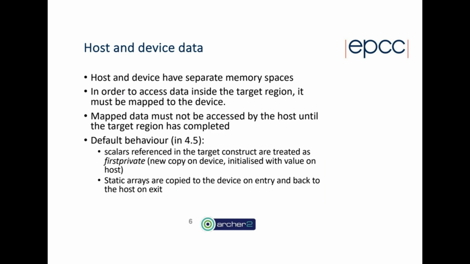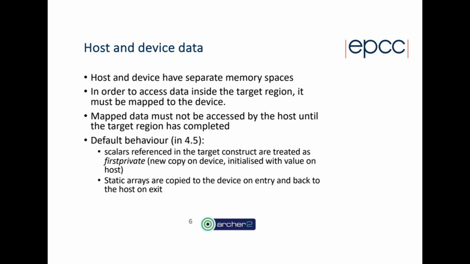Okay. So how is data dealt with? Well, the host and the device are assumed to have separate memory spaces. So in order to access data inside the target region, we have to have mapped it to the device. To avoid any inconsistencies, once data is mapped to the device, you're not allowed to access it on the host until the target region has completed.